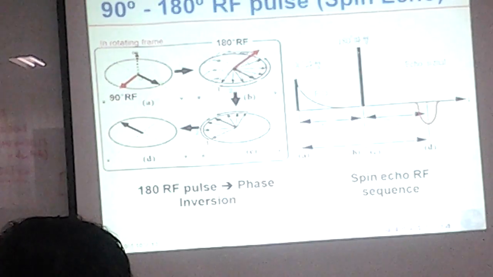After that, the individual spins spread out or fan out like this due to the spin-spin interaction and the field inhomogeneity, as I said before. So that's why the FID signal decays like this.